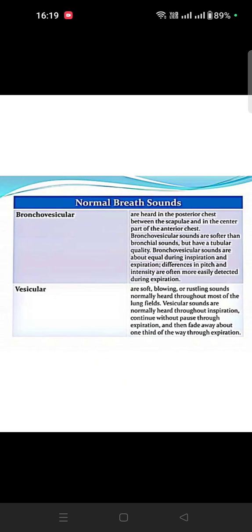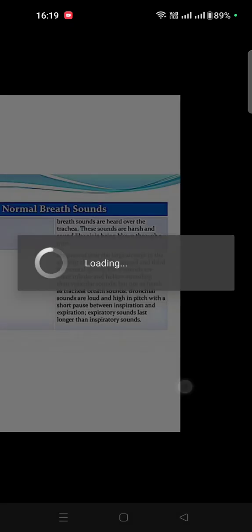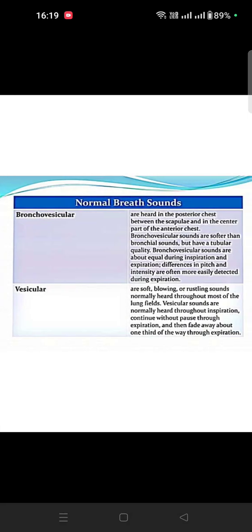Then bronchovascular: bronchial is anterior, and bronchovascular is posterior, between the scapulae, at the center of the anterior chest. So this is for the bronchial sound.